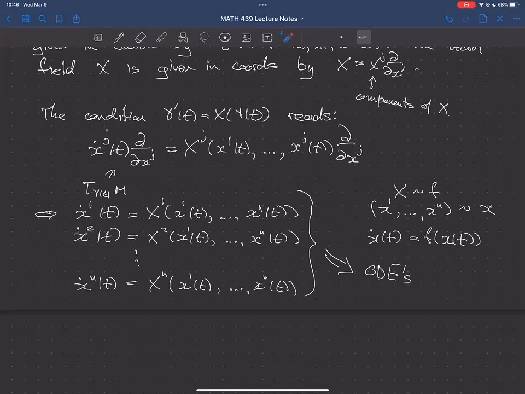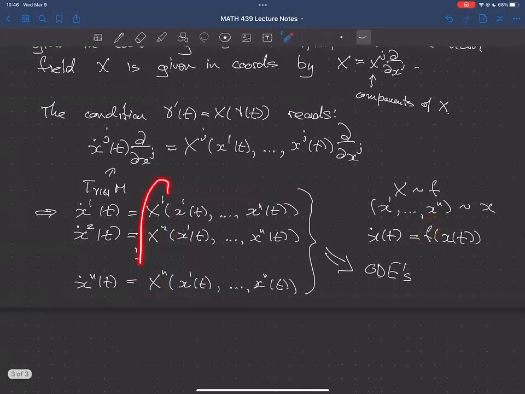Do you remember from your ODE class or some other class what conditions you need on f, which for us is these things, in order to ensure existence and uniqueness of solutions? There's a non-zero probability that you've never been told what that condition is. Lipschitz, right?